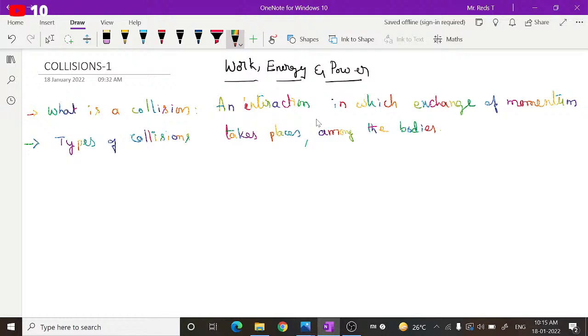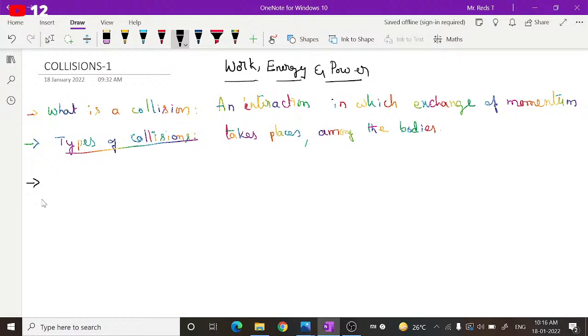We discussed that these collisions are classified into different types. Two kinds of classifications were discussed. One of them is carried out by taking into consideration the direction of motion.